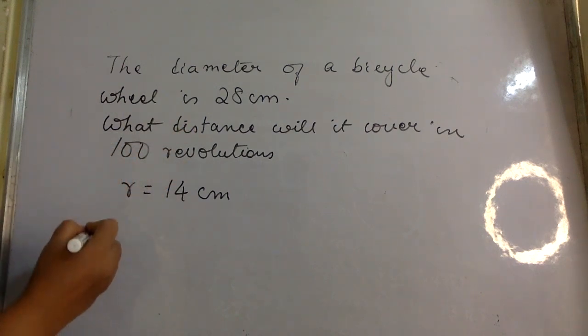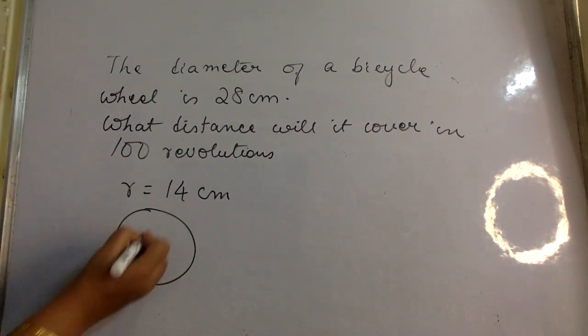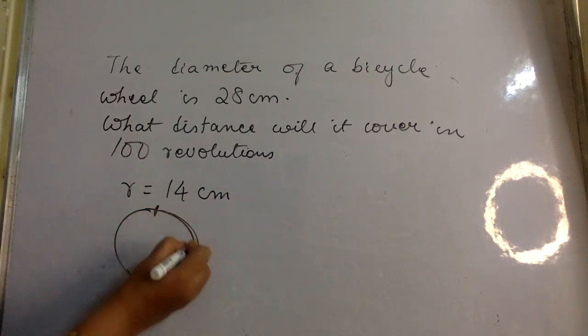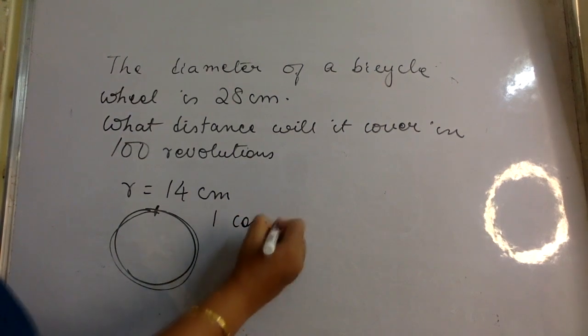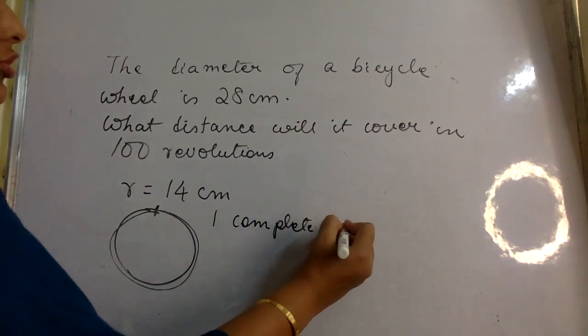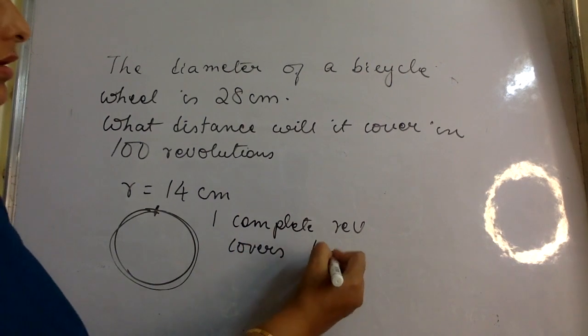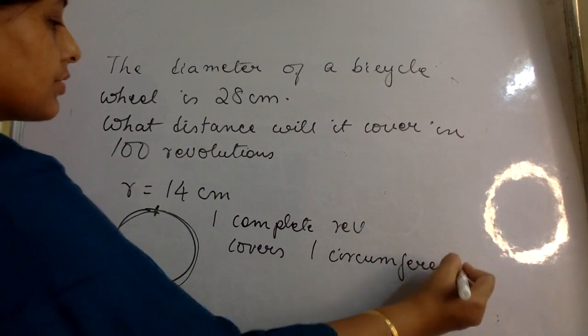In 100 revolutions, now see, if this is the wheel, supposing I mark it here and then revolve it once. In one complete revolution it covers what distance? One circumference. If you have understood this, you have understood the chapter.